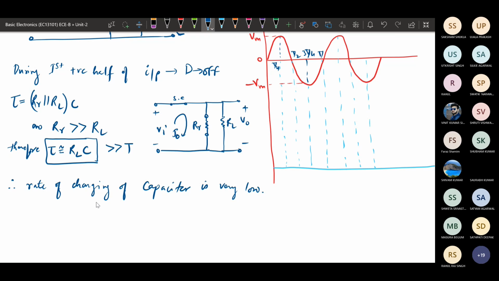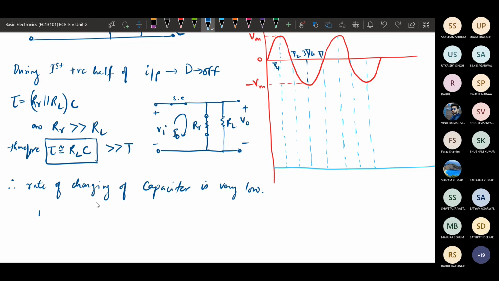That means for the time period 0 to T by 4, in the positive half, the capacitor will be behaving like a short circuit only. It will not be charging to that much level of the input that we have applied.